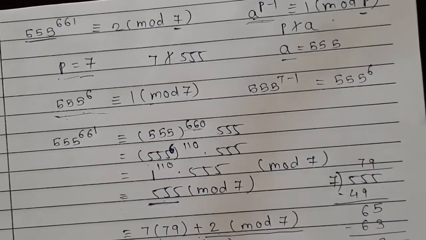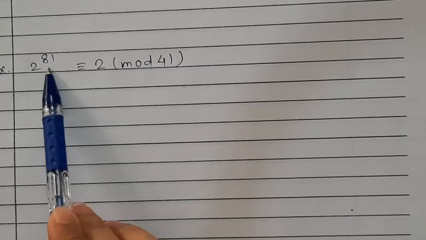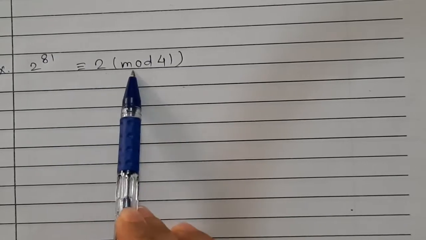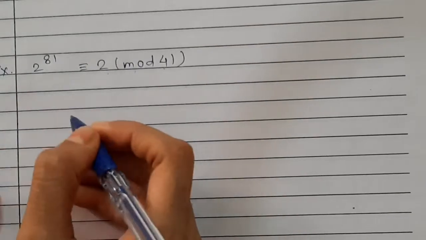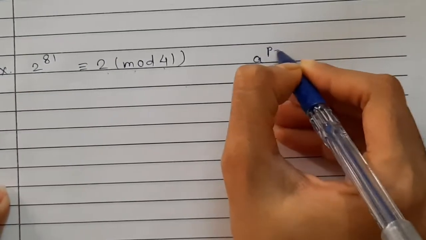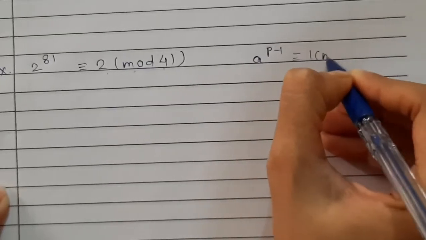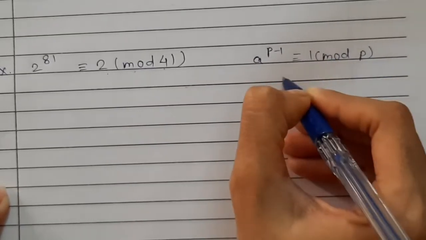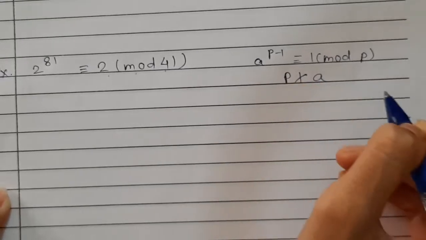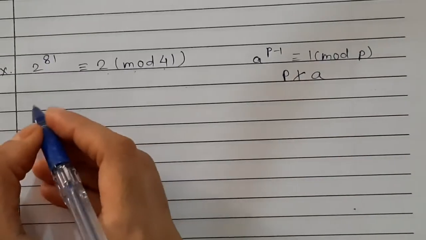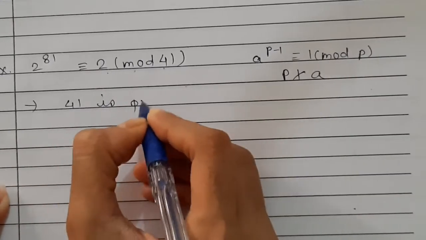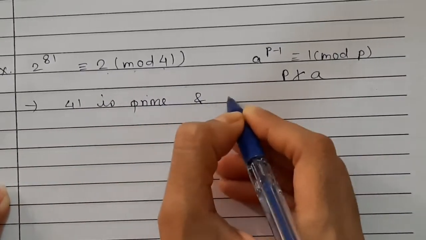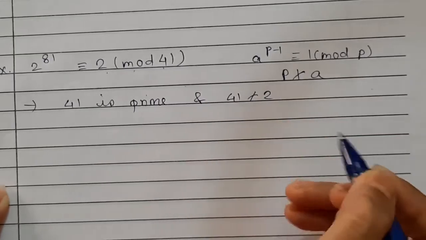Let's take another example for this. 2 raised to 81 is congruent to 2 mod 41. How do we write this? Similarly, a raised to p minus 1 is congruent to 1 mod p, where p does not divide a. So here 41 is a prime and 41 does not divide 2.